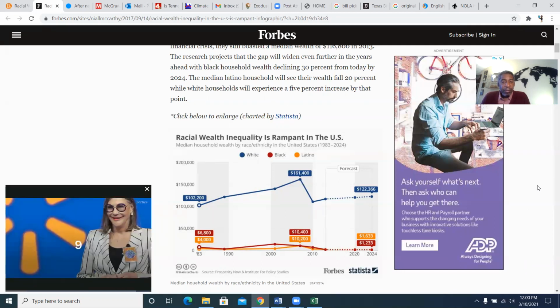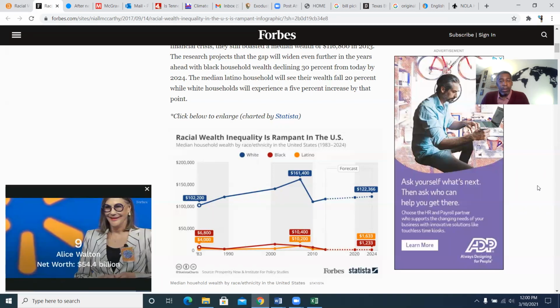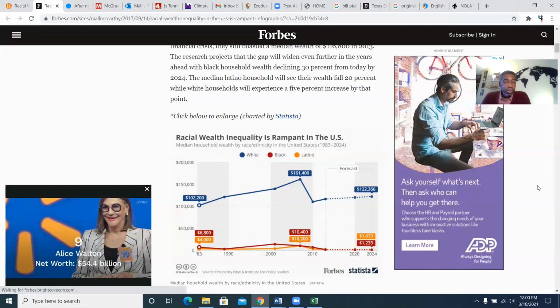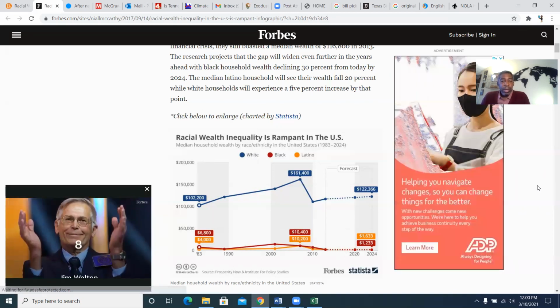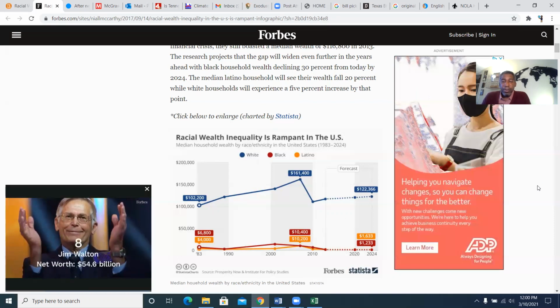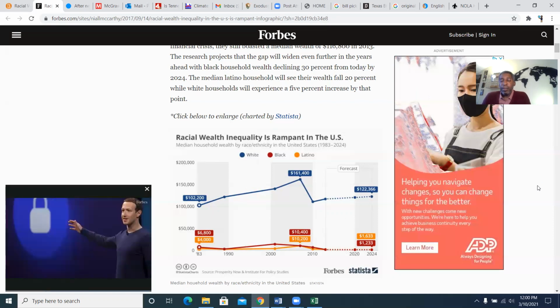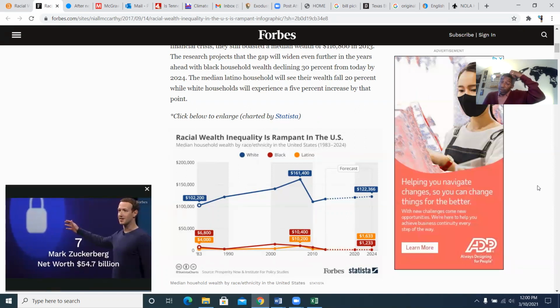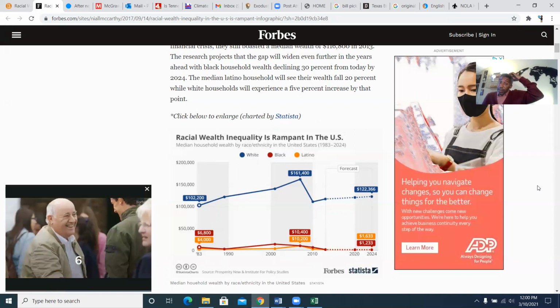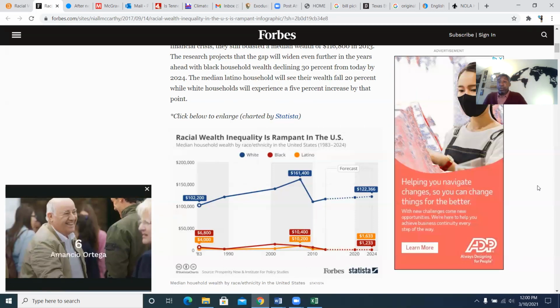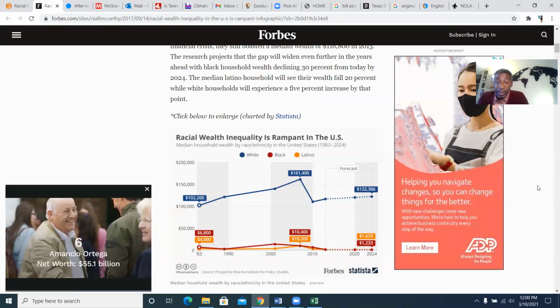And then if we move to the year 2007, 2008, that's the year of the economic crash that occurred in this country, or the Great Recession, as it was called.